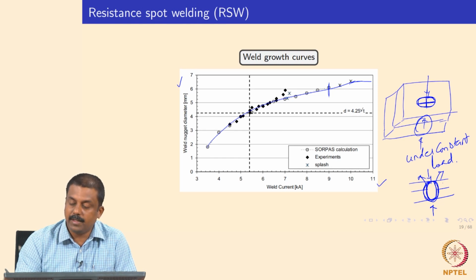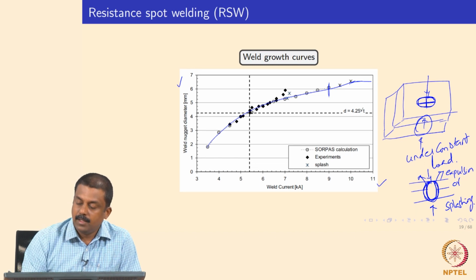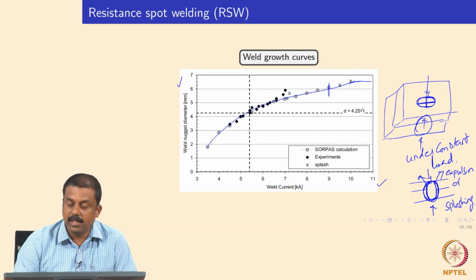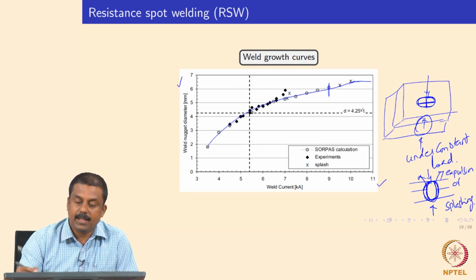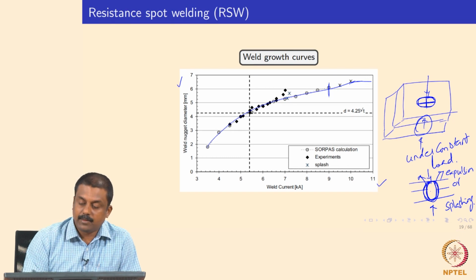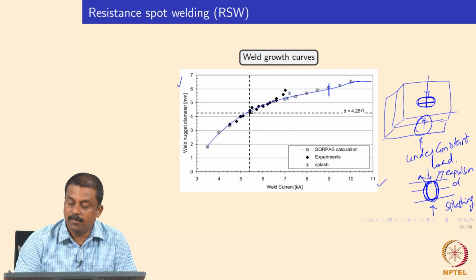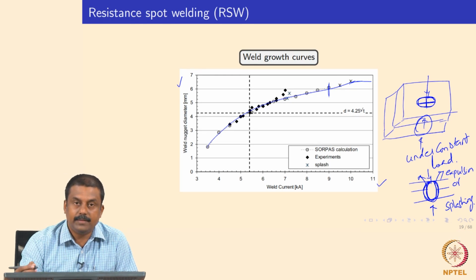That situation is known as expulsion or splashing. That is not advisable, because then you end up making a cavity as you are expelling the liquid metal formed at the faying interface. That happens when you use excessively high current, and with the application of load the molten liquid is expelled, forming undesirable cavities.